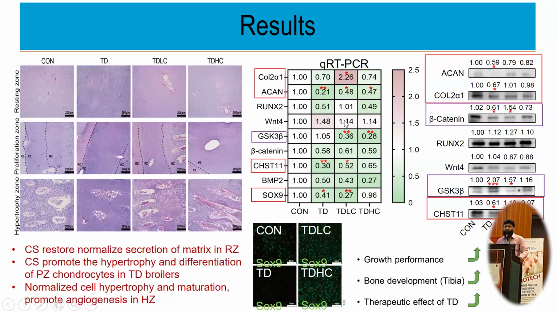The protein expression, including beta-catenin and others, also indicates there was down regulation of most protein expression. So growth performance related parameters, genes and protein expression are affected in tibial dyschondroplasia chicken. While administering CS, there was some normalization of expression.